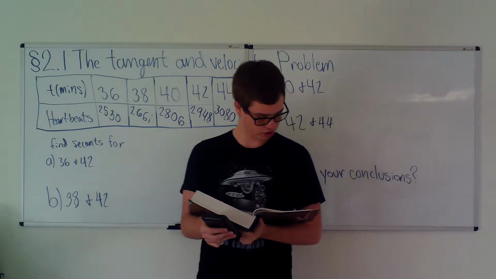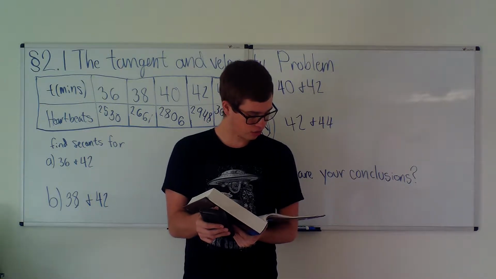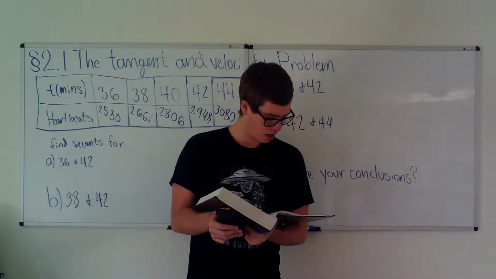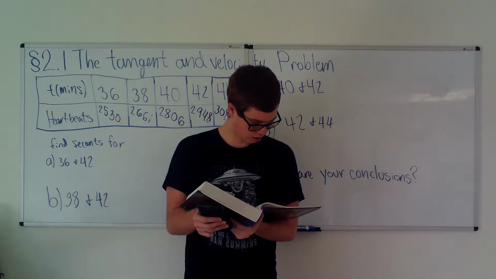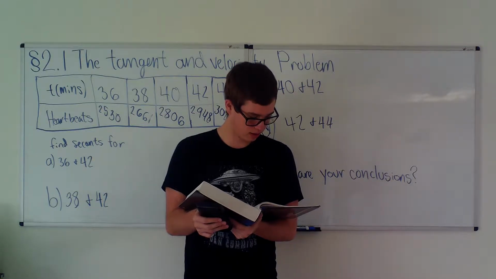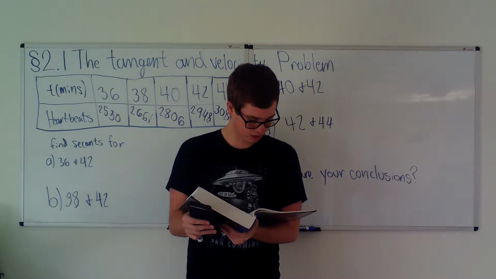Alright, so we're just going to be doing number 2. A cardiac monitor is used to measure the heart rate of a patient after surgery. It compiles the number of heartbeats after t minutes. When the data in the table are graphed, the slope of the tangent line represents the heart rate in beats per minute. The monitor estimates this value by calculating the slope of a secant line.